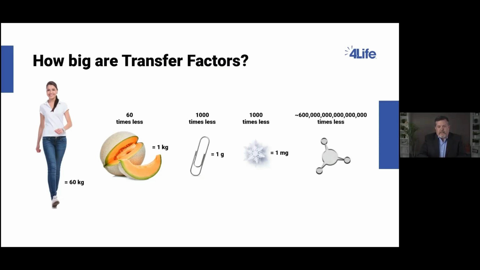Next we go down to the size of transfer factors, where we tack on another 10 or so zeros. So if you're keeping track at home, we're down to 600 quadrillion times smaller than you or I. That's a huge number, and it's very hard to comprehend just how big that is, or in this case, just how small transfer factors are.